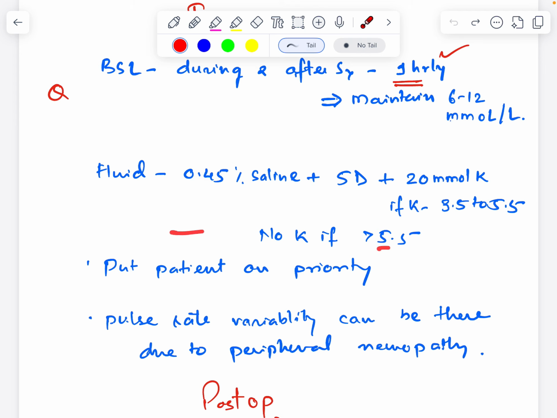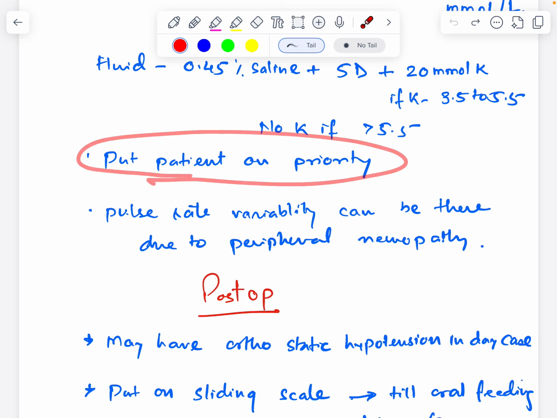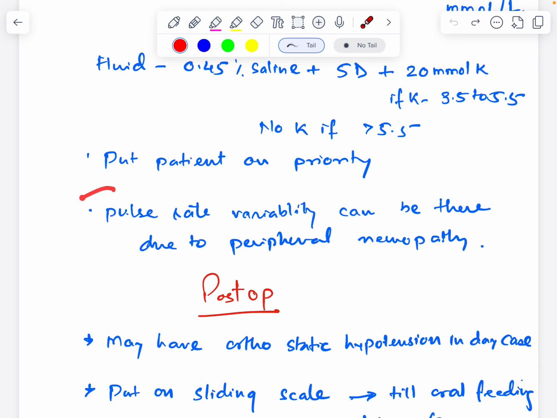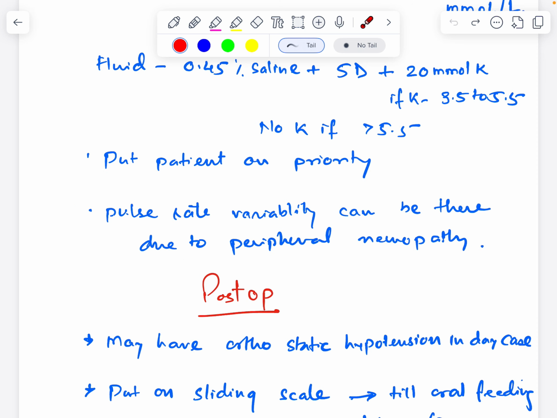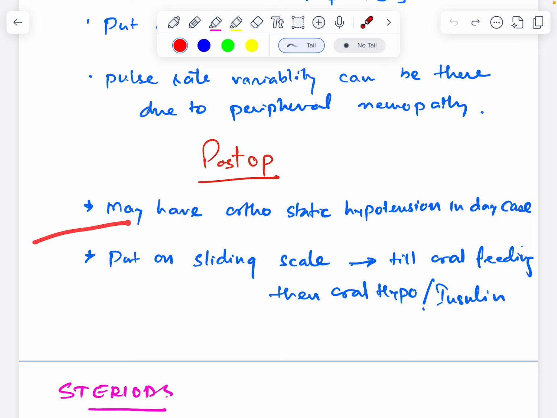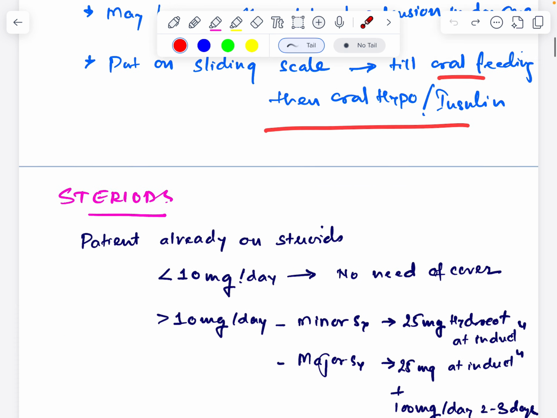If no potassium, patient should be taken on priority. Due to peripheral neuropathy, pulse rate variability is there. May have orthostatic hypotension. Sliding scale till oral feeding is started.